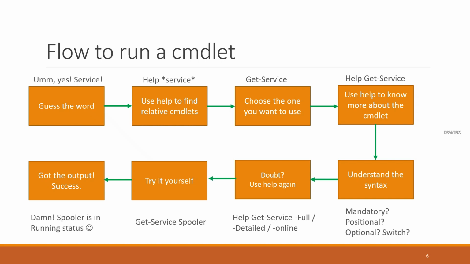And this is only for the first time, because as soon as you come to know about this Get-Service cmdlet, from the next time you will not go through all these things, because you already know the Get-Service cmdlet will get you the status of the service you need. So it's all just a one time thing, but this is the basic, and this is how you will discover more cmdlets, and you will document them, and it will sit in your memory, so you won't go through the same process once again for the same cmdlet.